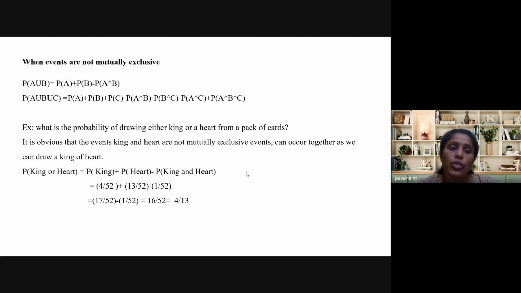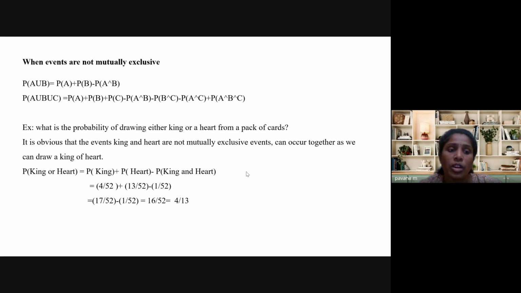P of A union B is equal to P of A plus P of B minus P of A intersection B. Or if you have three events, P of A union B union C is equal to P of A plus P of B plus P of C minus P of A intersection B minus P of B intersection C minus P of A intersection C plus P of A intersection B intersection C. But we don't get three events at the same time, so we just focus on the first formula.